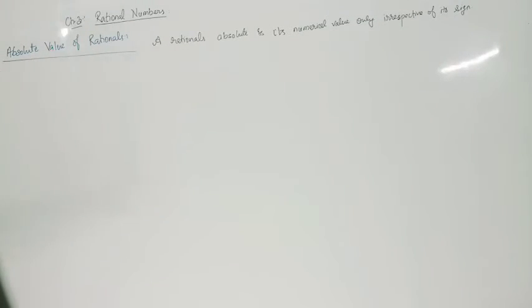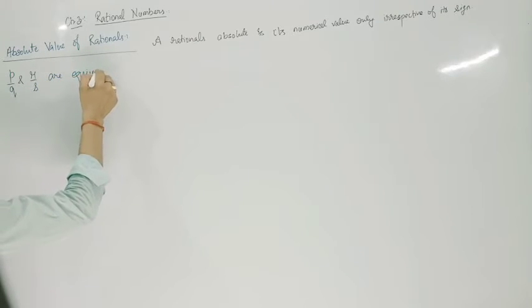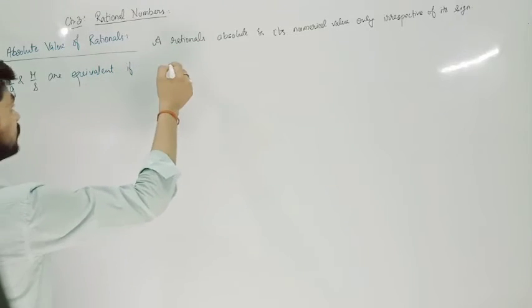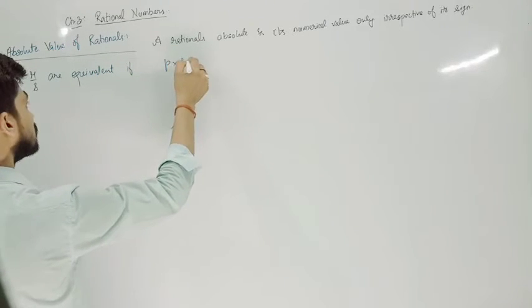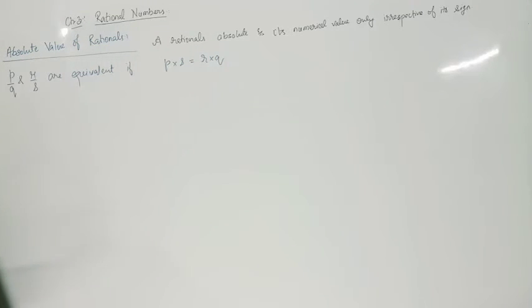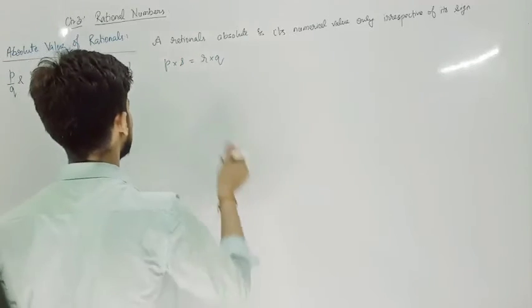Meaning to say, P by Q and R by S are equivalent if P into S is equal to R into Q. This is an important result that you should keep in mind always.